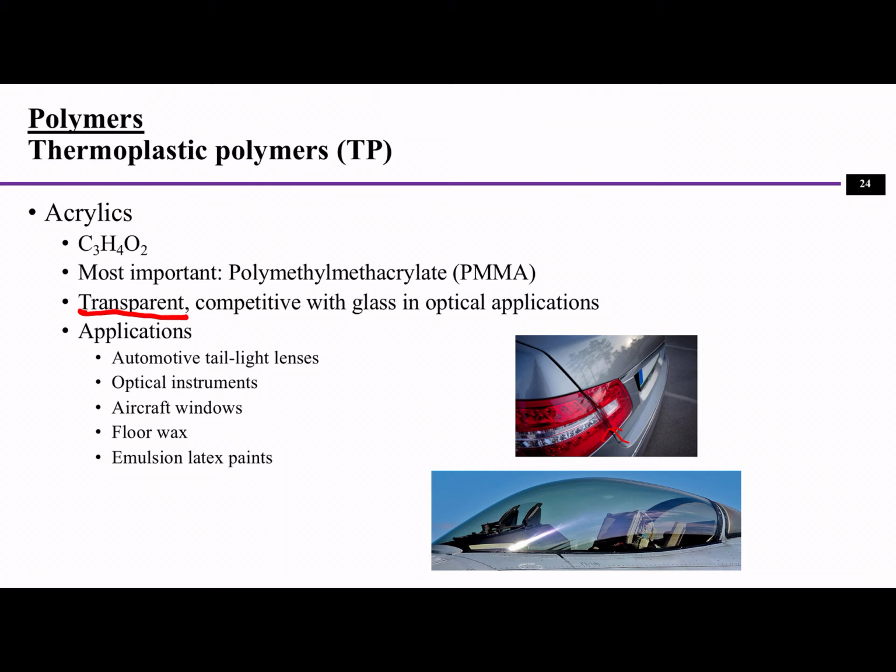So this is one typical characteristic of acrylics, and also some others, for example, aircraft windows, some optical instruments, floor wax, or latex paints. All these can be applications for acrylics.